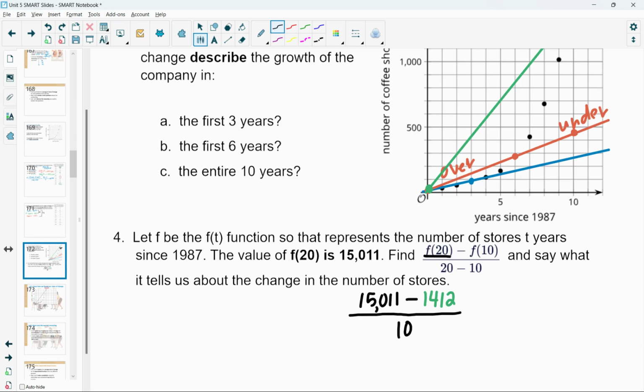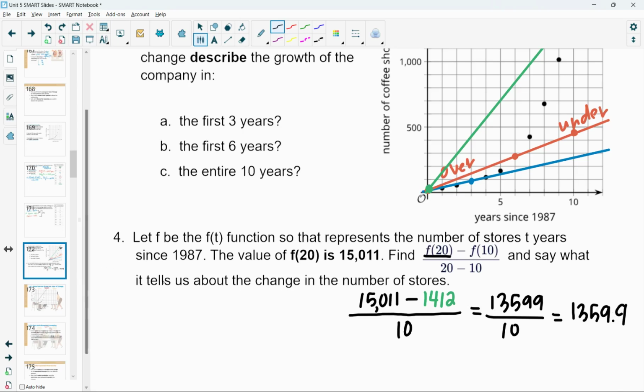So then you can calculate this. So 15,011 minus 1,412 gives us 13,599 divided by 10 gives us 1,359.9. And then this is going to be stores per year.